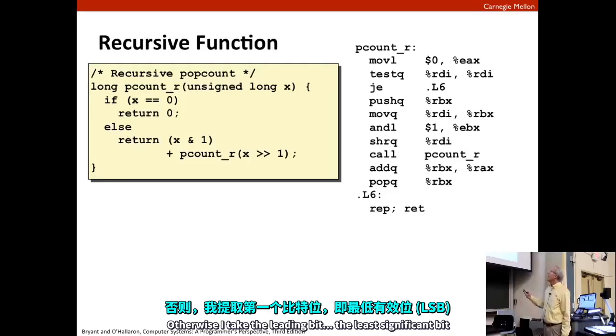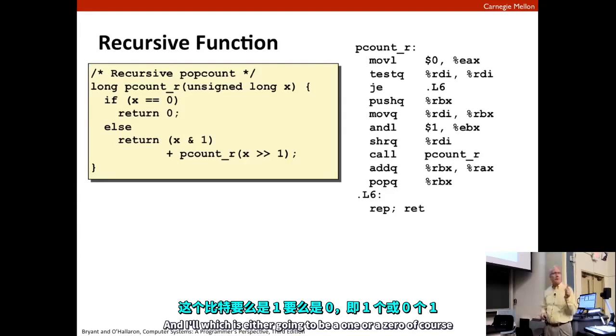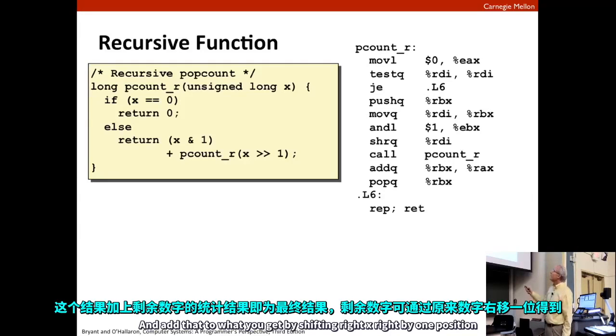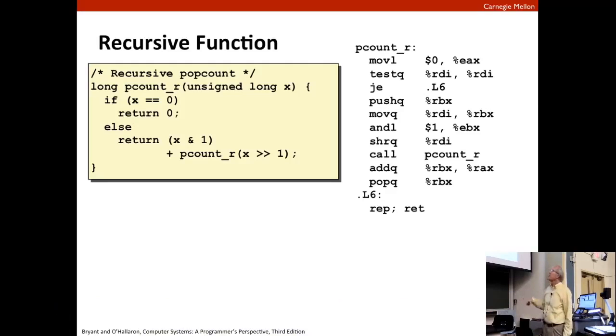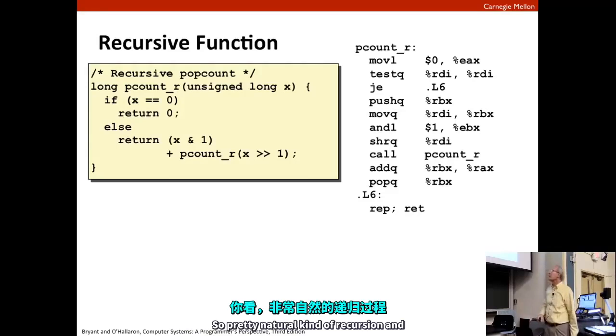Otherwise, take the leading bit, the least significant bit, which is either going to be a 1 or a 0, of course, and add that to what you'd get by shifting x right by 1 position and recursively counting the number of 1 bits in that. So pretty natural kind of recursion.